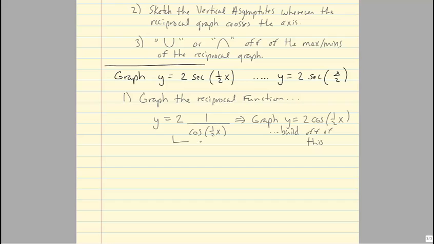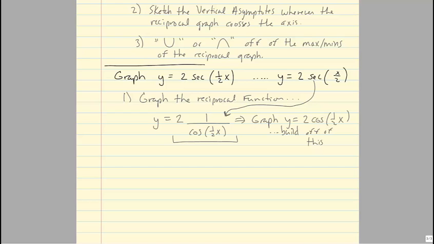So even though this is the reciprocal graph, if I were to rewrite 2 times the secant of x over 2, it would equal this. But this is the final graph that we get. We want to use this graph right here to build off of. Okay, so be really careful that you don't just think about rewriting this, but you think about reading this as your parent graph.